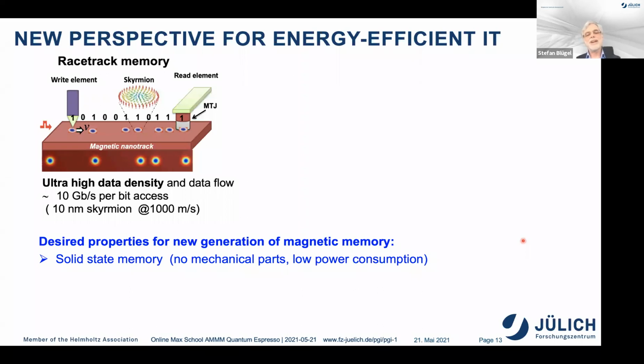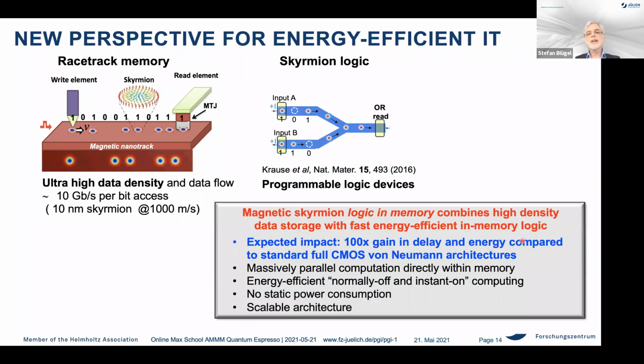So no mechanical parts are moving, and therefore it would be a low power memory. And you can also do programmable logic with this memory. So you can reconfigure the memory to have different OR and XOR structures. You can do that massively parallel for in-memory computing.